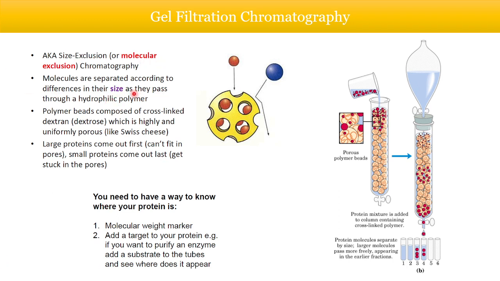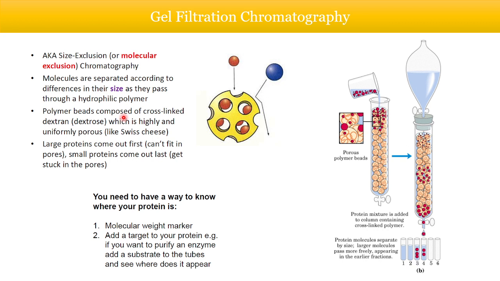So you separate the molecules according to their size as they pass through the hydrophilic polymer, and these polymer beads are composed of cross-linked dextran, which is uniformly porous. The large proteins come out fast because they cannot fit in all the pores, and the small molecules come out later because they get held up in the pores.